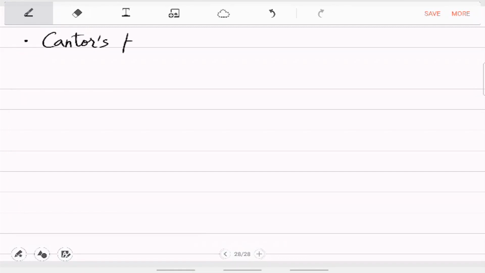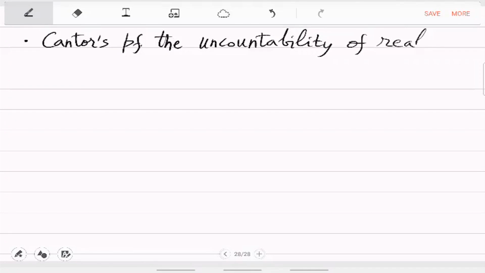Cantor's proof of the uncountability of reals, in 1891. So what is this result?